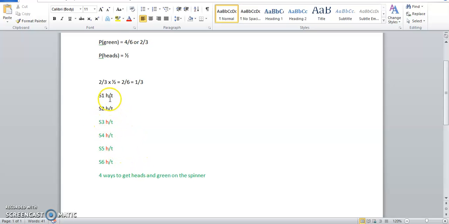So in total, you have 1, 2, 3, 4, 5, 6, 7, 8, 9, 10, 11, 12. You have 12 total options. There are 4 ways to get what you want out of 12 total. 4 over 12 is 1/3, the same answer we had before. Hopefully some of that helps. I thought the Khan Academy video explained it really well, but if this helps you as well, awesome.